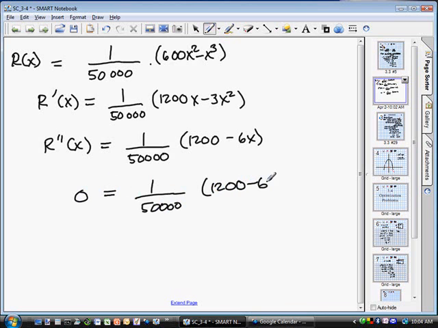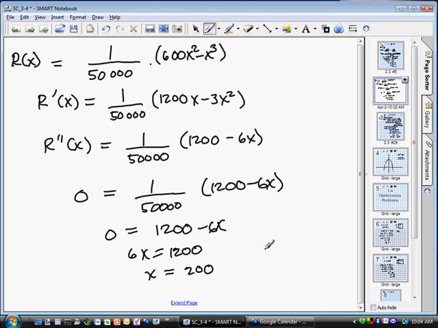Well, you could just multiply both sides by 50,000, and that just gives you this. Add 6x to both sides. x equals 200. So it appears that that's the point of diminishing returns.